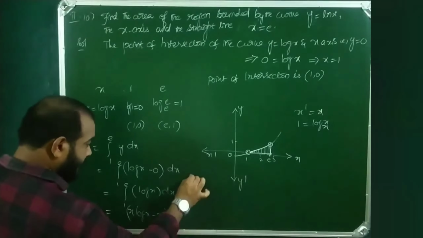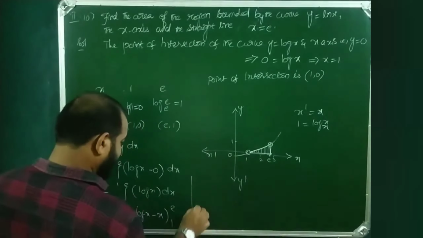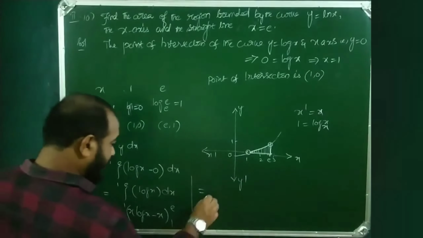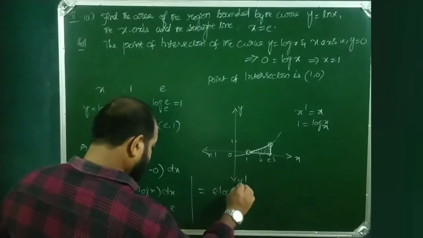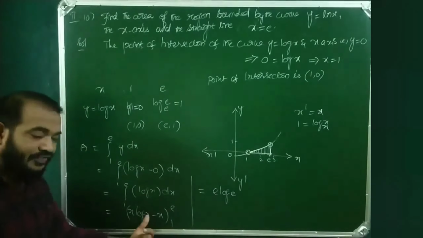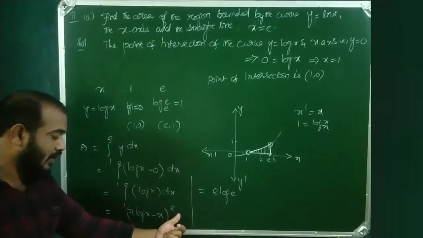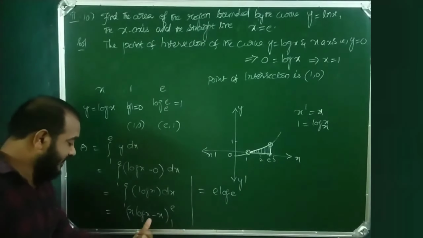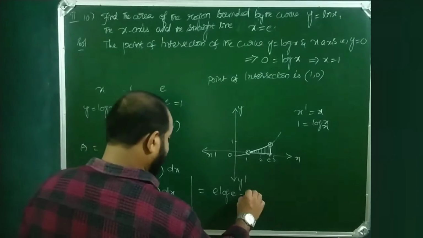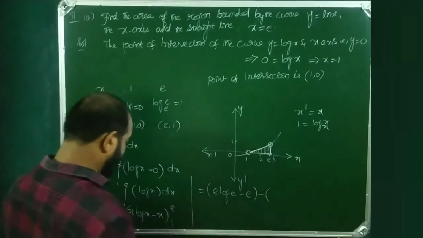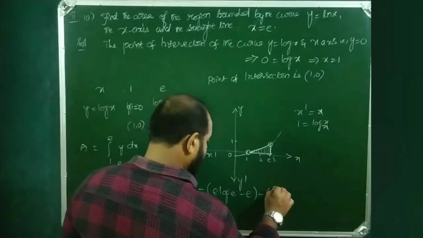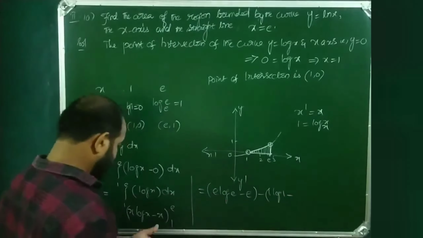1 to e. So this equals e log e minus e, since the process of integration is over, substitute the upper limit in x. Minus lower limit, 1 log 1 minus 1.